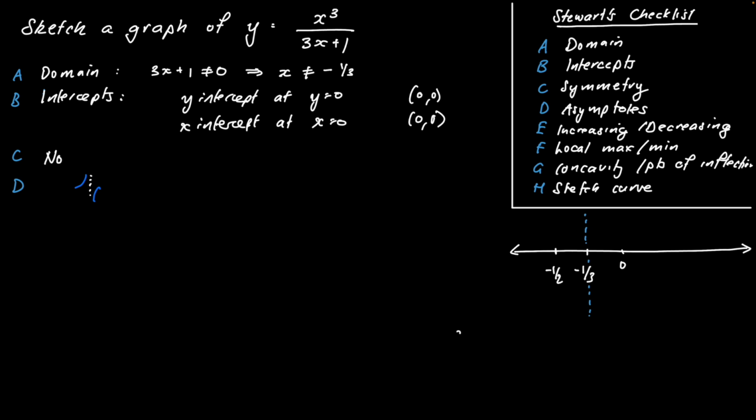So f prime of x, if we were to split this up, when we're looking at the various intervals, we need to consider that negative 1/2 value, which is where it changed, and we also need to think about our asymptote because that's going to be relevant. So if we look at the sign of this, in this region we decided it was decreasing, less than 0.